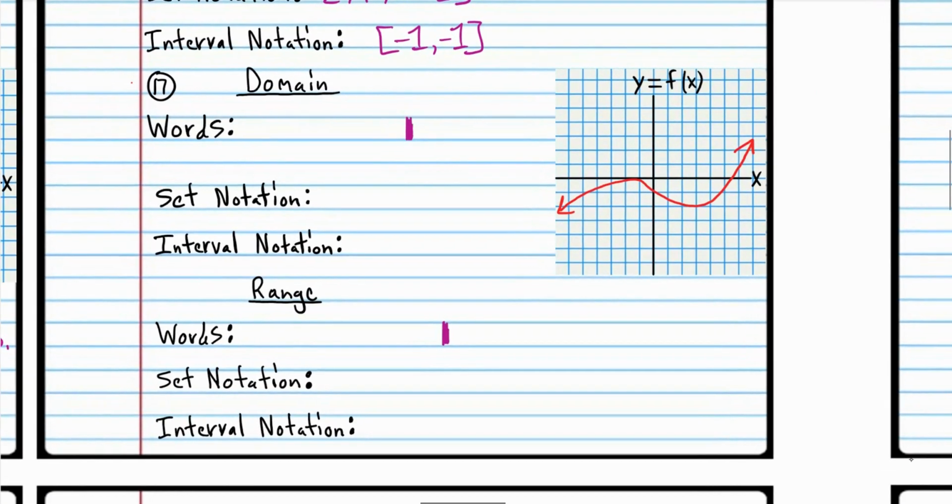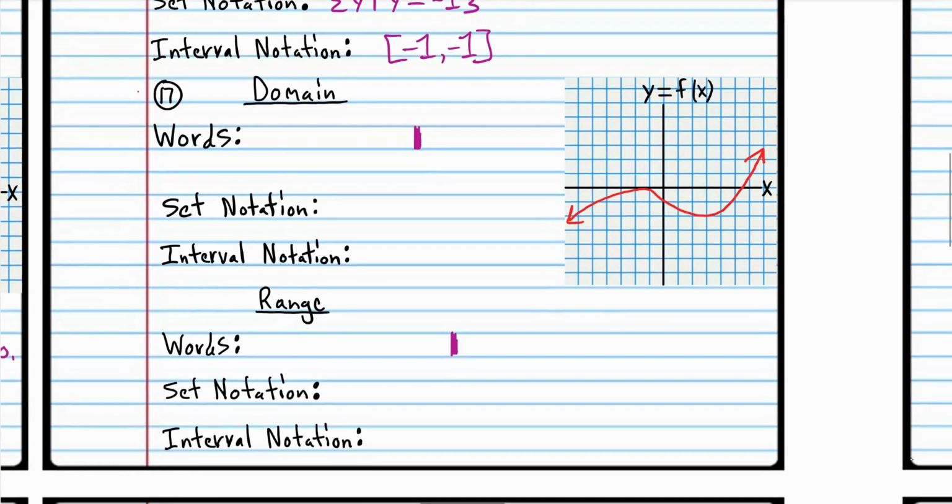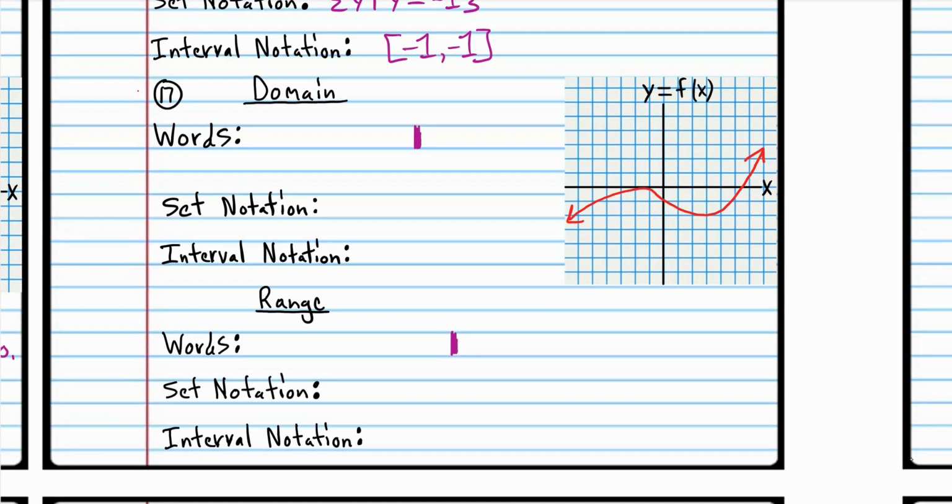All right, notice in this problem there are arrows on the left and the right. So the x values of the points on this graph can really be any real number. So we say that the domain is all real numbers.